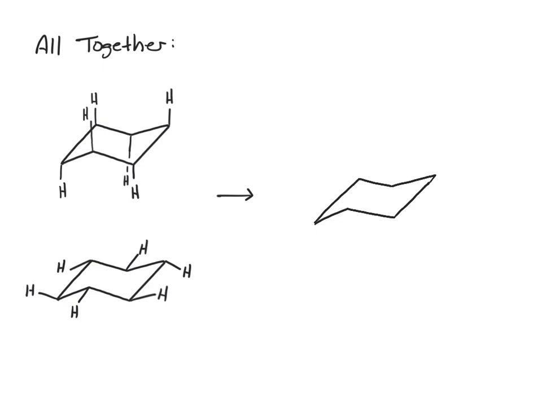And I'm going to draw the axials in red and the equatorials in blue just to help us differentiate them in this first drawing. So remember, if the carbon's an up carbon, draw your axial hydrogen straight up. If the carbon's a down carbon, draw the axial hydrogen straight down.